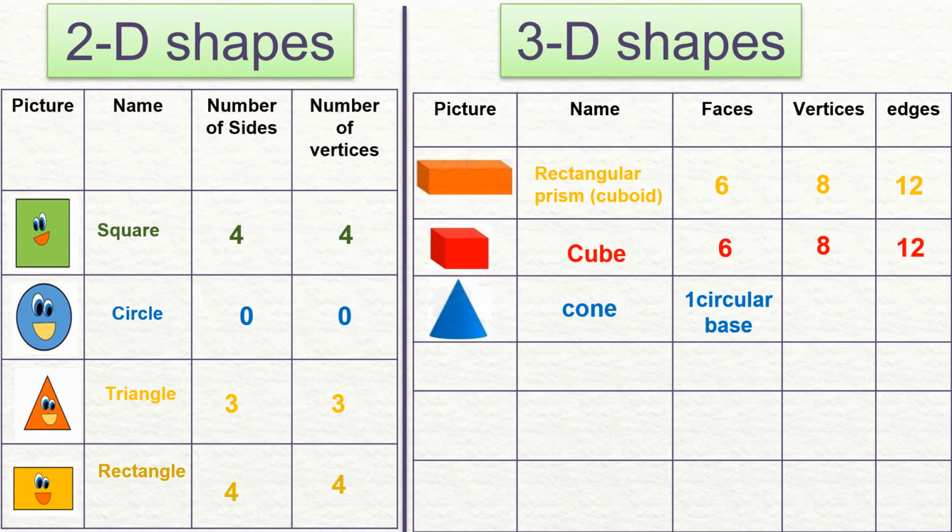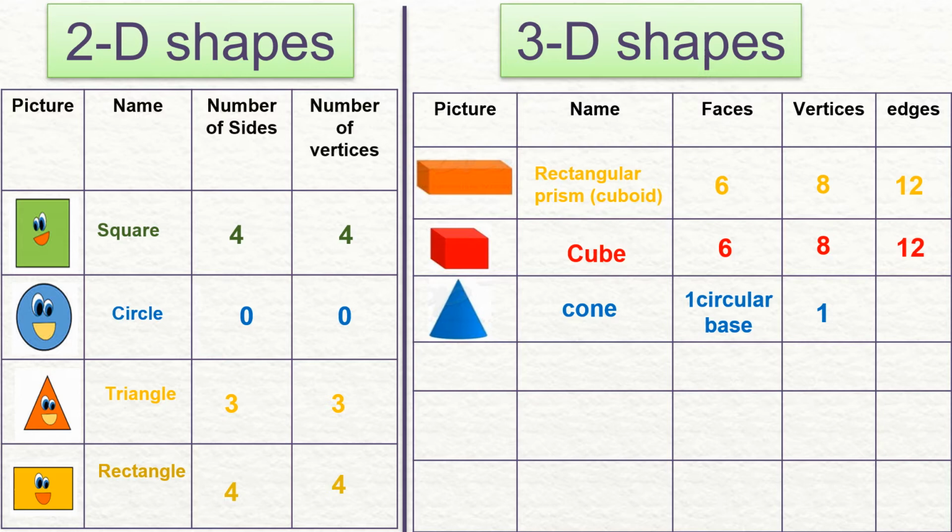Then we have cone. The cone has one circular base, because its base is in the shape of a circle, unlike the cube, where each face is in the shape of a square. Now let's complete with the cone. How many vertices? We have only one circular base, so we have one vertex.